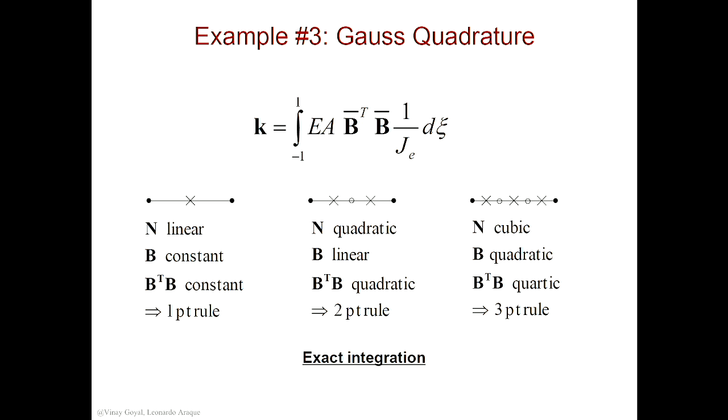If n is quadratic, the shape function is quadratic, so I have a quadratic element. B, since I'm taking a derivative of quadratic, I get linear, right, for B. So linear times linear gives you a quadratic function. So usually 2-point gives you an exact integral for that. If I have a cubic for n, then a 3-point rule is better.